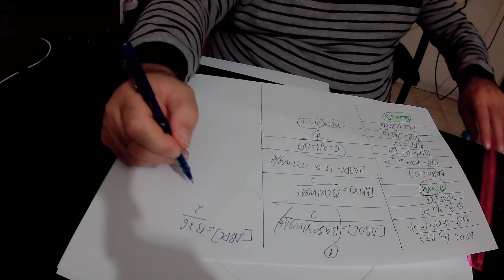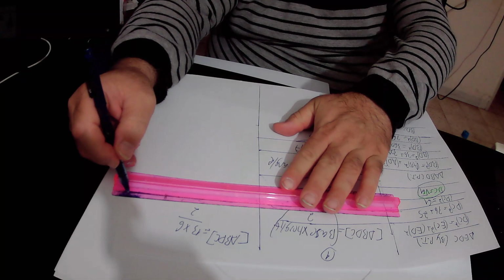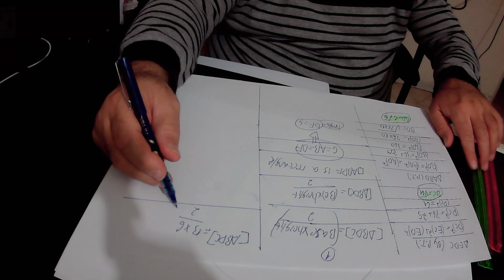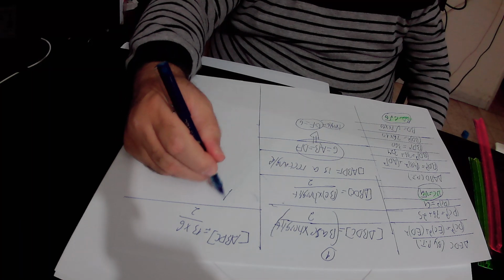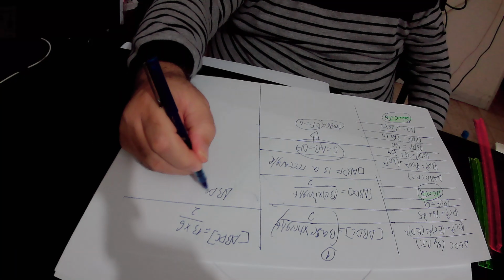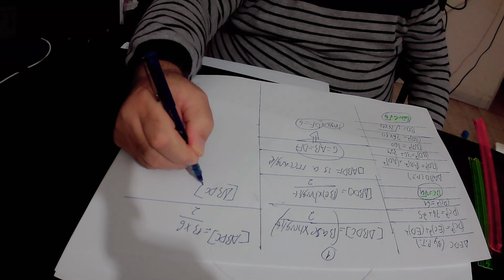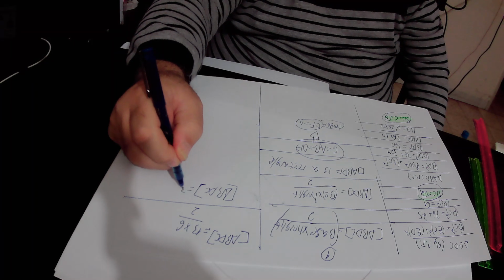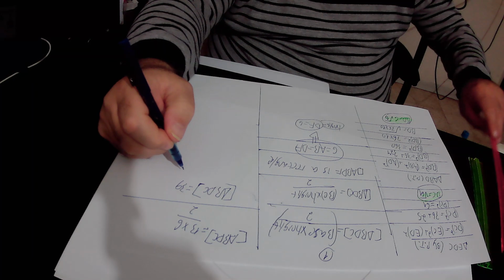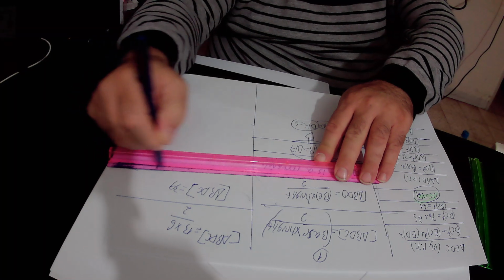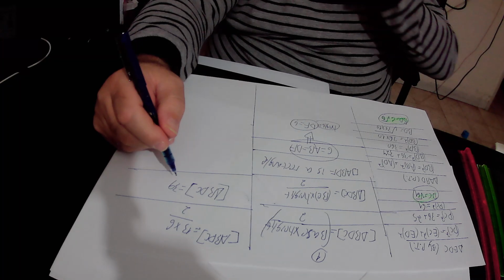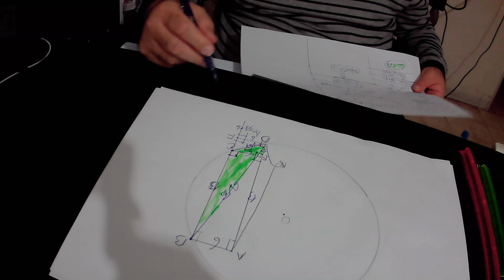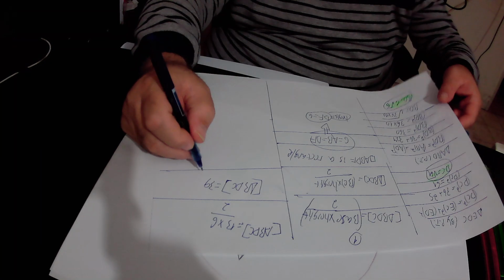So the area equals 13 times 6 over 2. 6 over 2 is 3, and 3 times 13 is 39. Therefore, the area of this green triangle, triangle BDC, equals 39 square units.